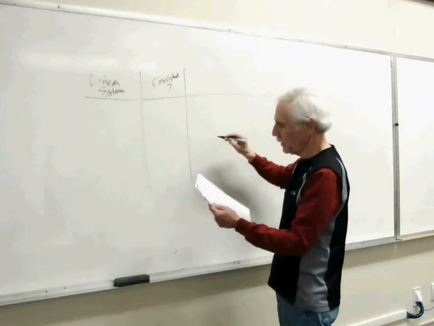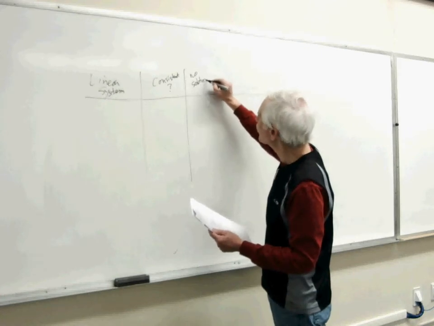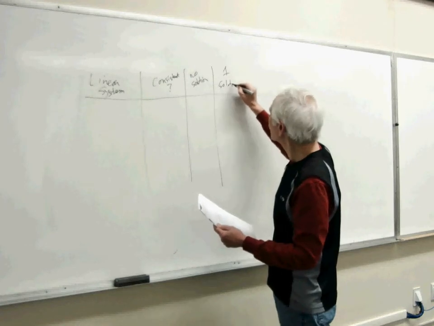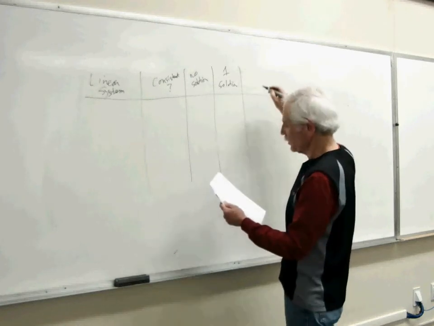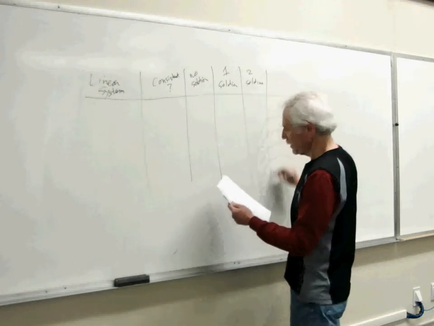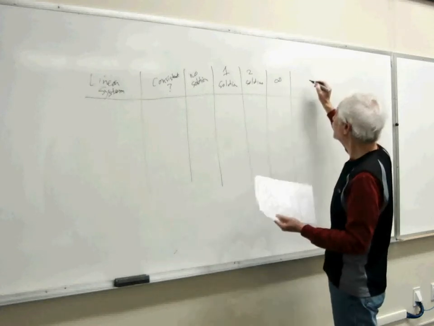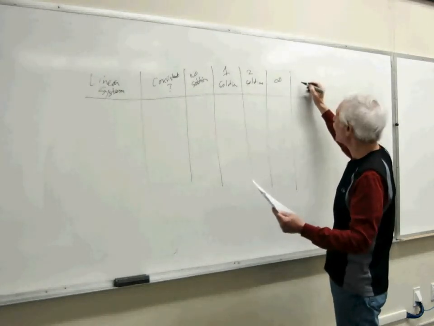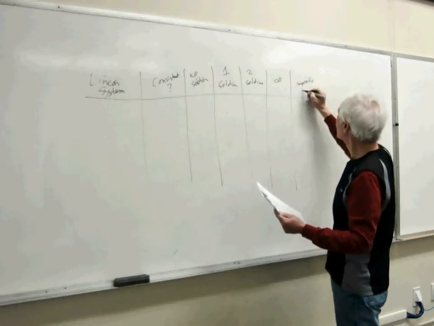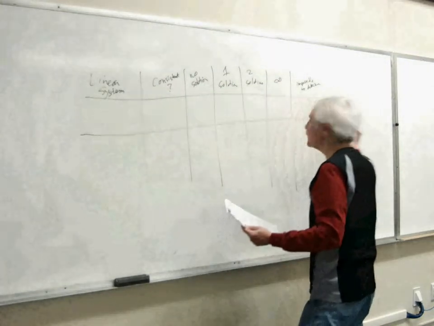Then, no solution, one solution, 2 solutions, infinite number of solutions, or, I don't know how you say this, impossible to determine. Okay, and I gave you 3 linear systems to look at.